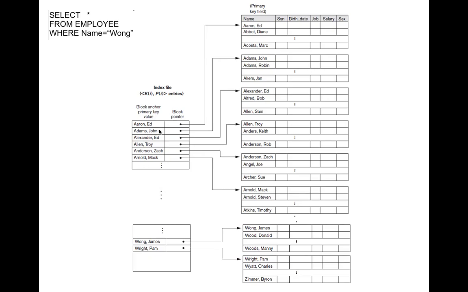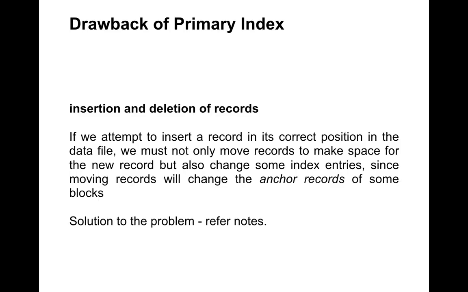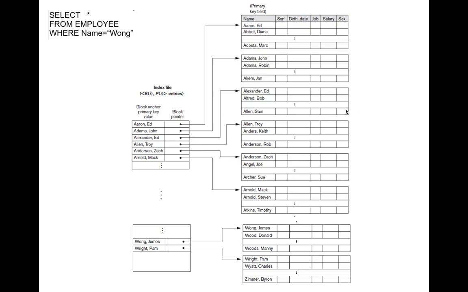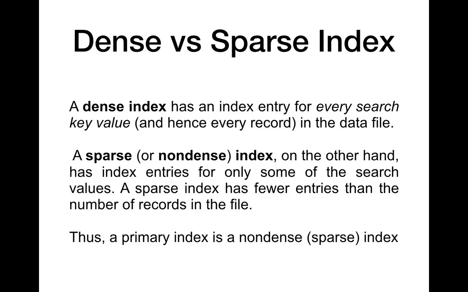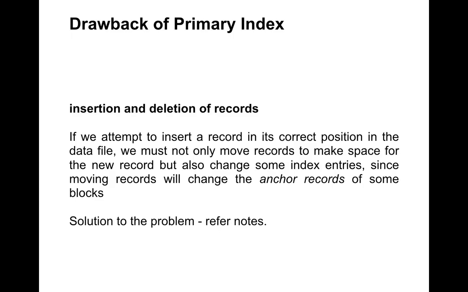So corresponding to each insertion and deletion, if we need to keep on updating the index file, that is going to be a difficult task. There are solutions to that, which you can read in the notebook. There are solutions like you can attach another block to this block if you need to insert, and the insertions can happen in that block, and similar data structure mechanisms are there which you can read about in the notebook. So that was regarding primary indexing.